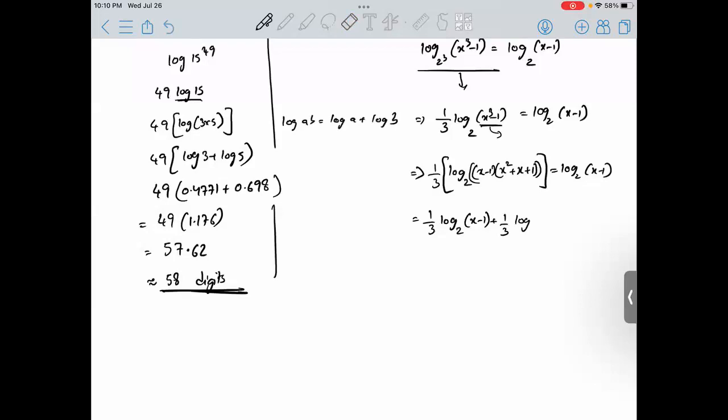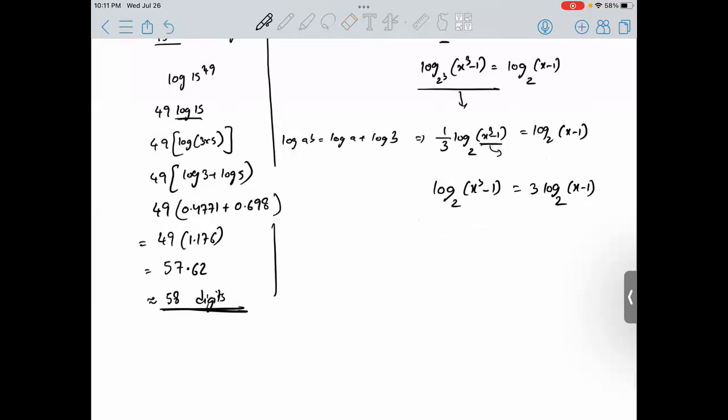I don't want to make it complex. You can do it easily also. Just wanted to go for a complex thing. Log x cube minus 1 to the base 2 equal to 3 log x minus 1 to the base 2. Agree?